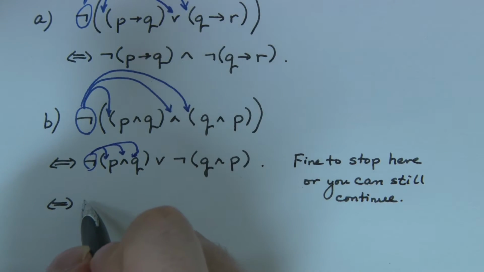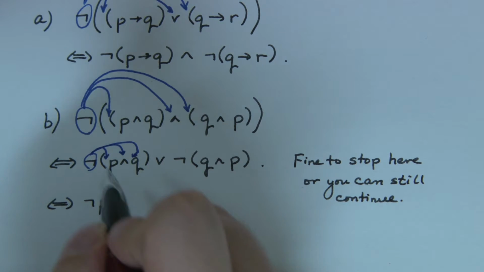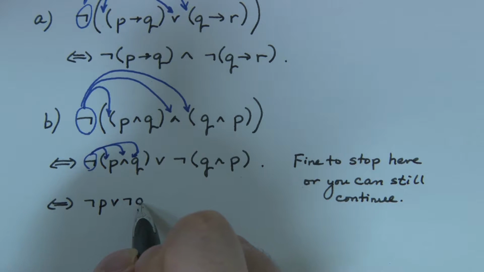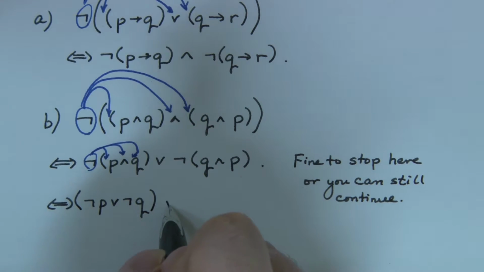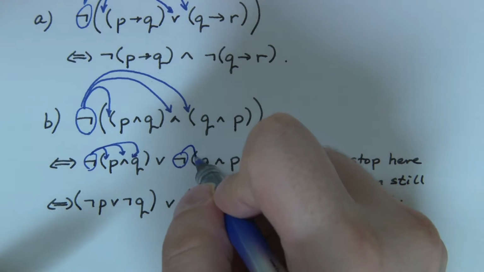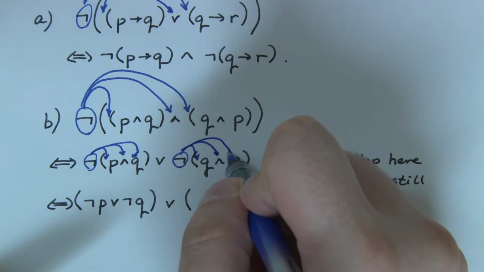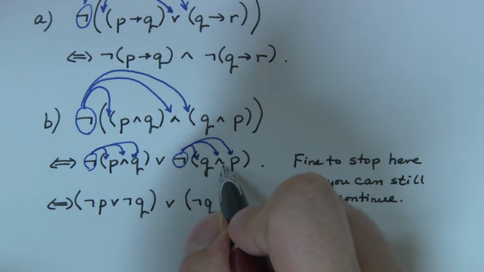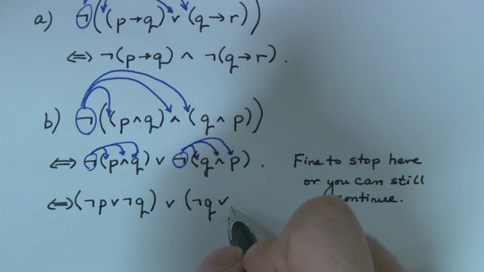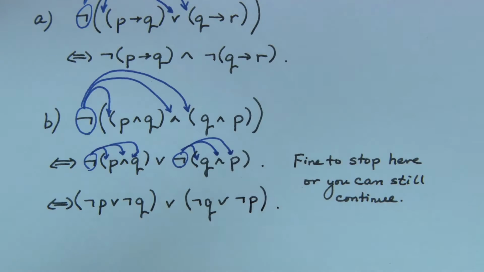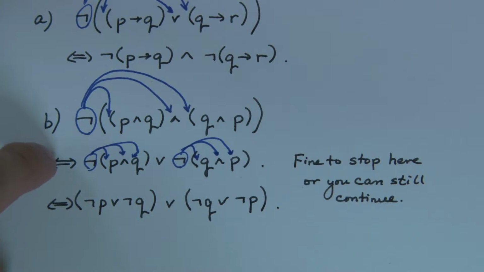So I get not P. The negation flips from a conjunction to a disjunction, so I get or, not Q, or, same idea, apply it here and here and here, so that I get a not Q. The conjunction flips to a disjunction, and I apply the negative to P. And so you could have stopped here, and here is also fine, if you wanted to continue and keep applying De Morgan's law. Okay.